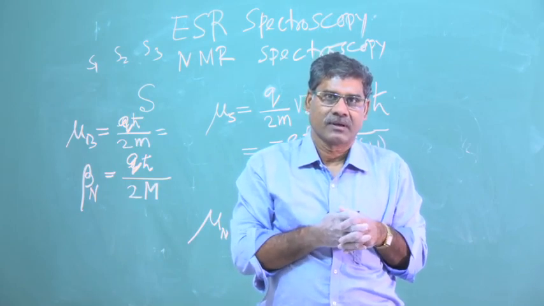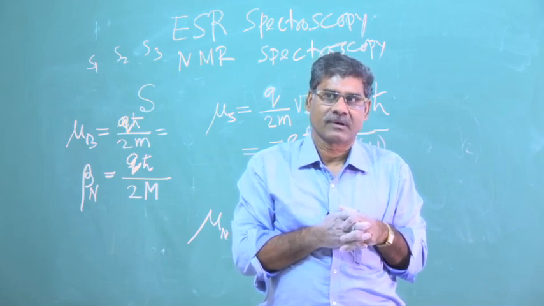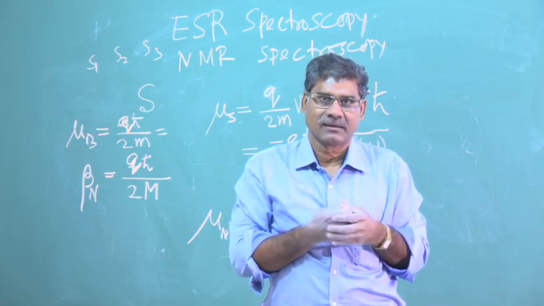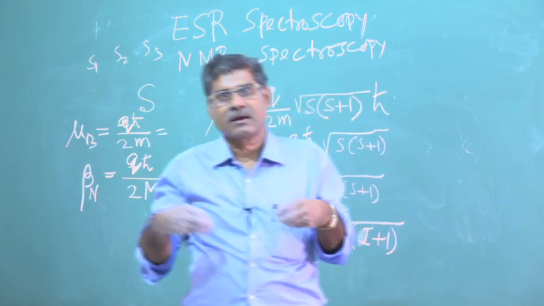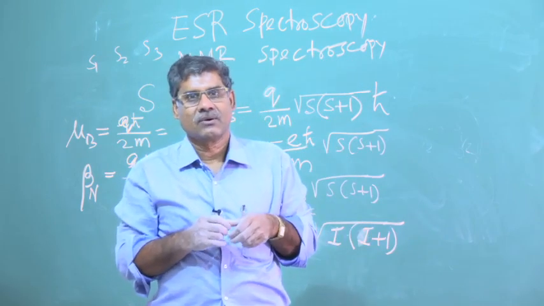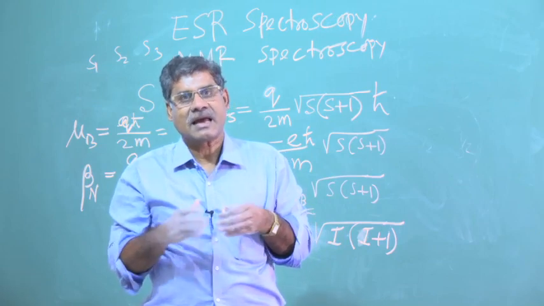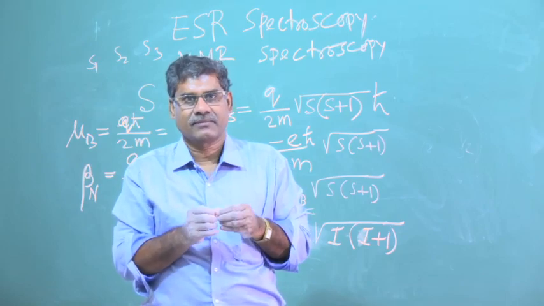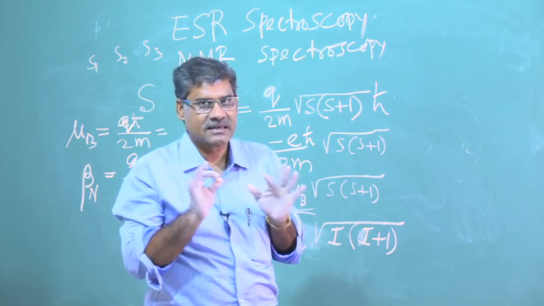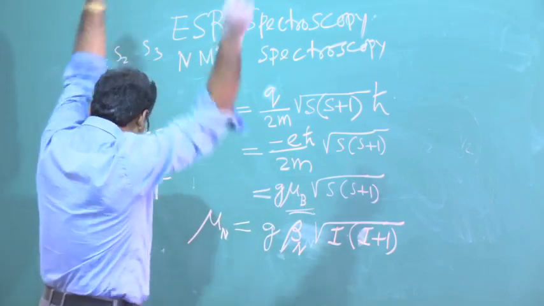Why? Only the magnetic moment due to the electron we considered, but the magnetic moment due to the nucleons we neglect. It does have an effect, a minor, very fine effect.